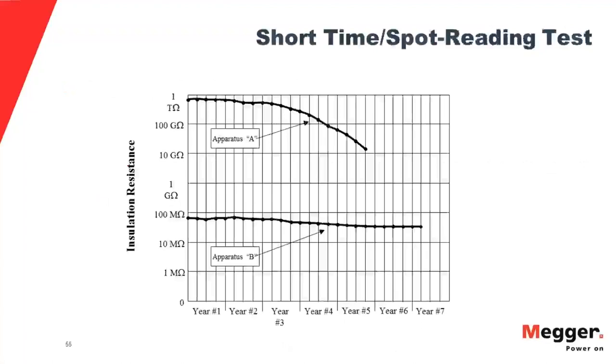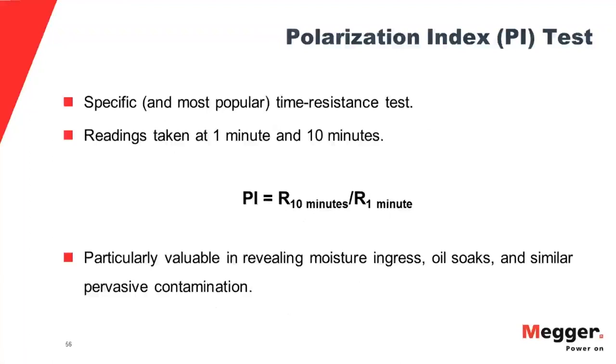Note that insulation that is relatively low value but maintaining is pretty confident that it's remaining in good working order, whereas if it's a high value but dropping, that will be something to be more concerned about, even though the numbers are higher. Then you have polarization index.